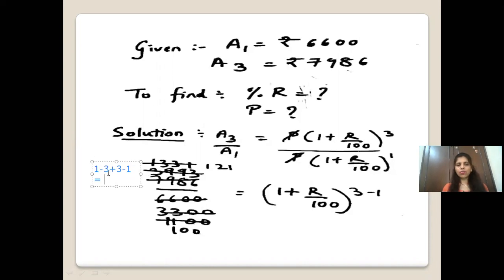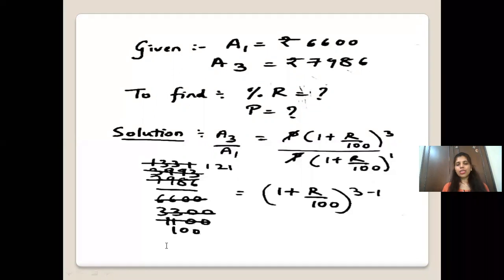You can see plus 1 minus 1 gets cancelled, plus 3 minus 3 gets cancelled, and the final answer you get is 0. If you are getting the final answer as 0, or any number which is divisible by 11, then that particular number can be divided by 11. So you can divide this 1331 by 11.